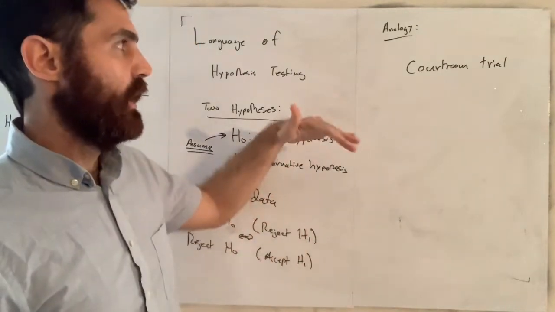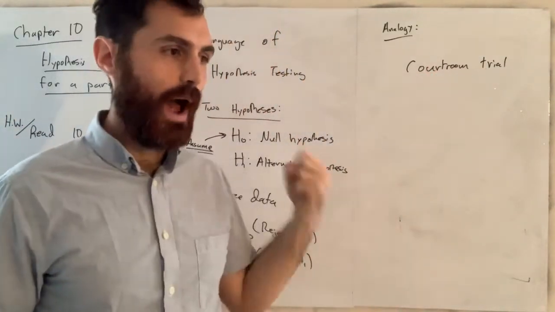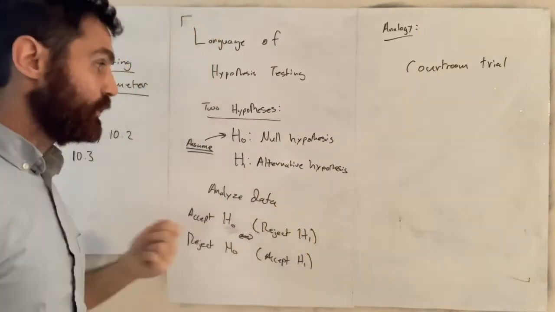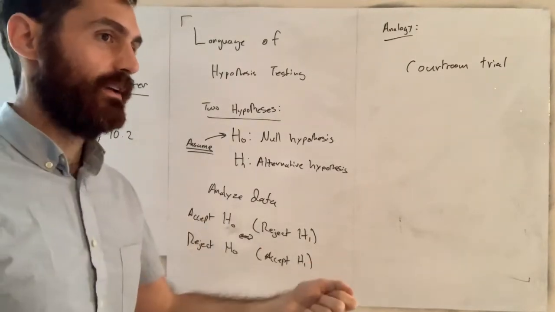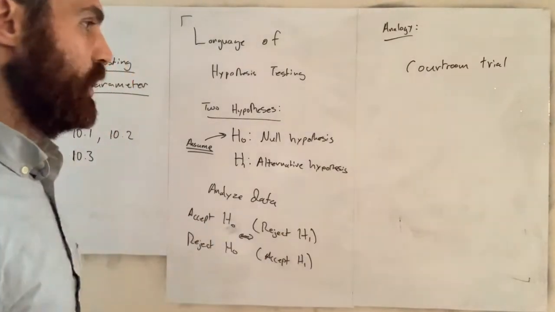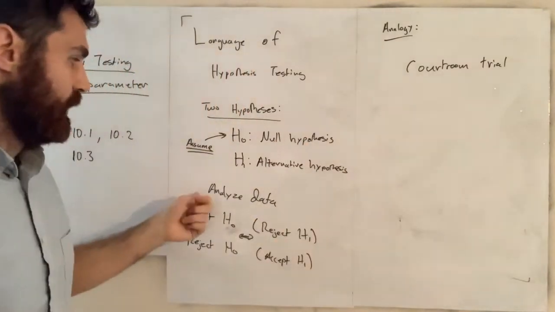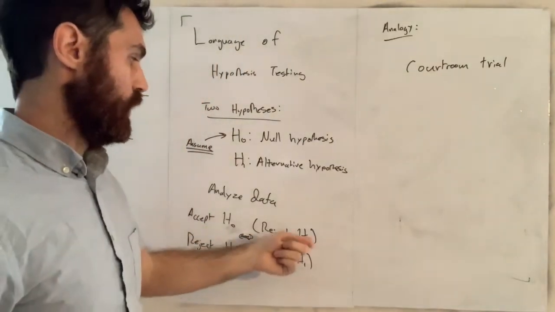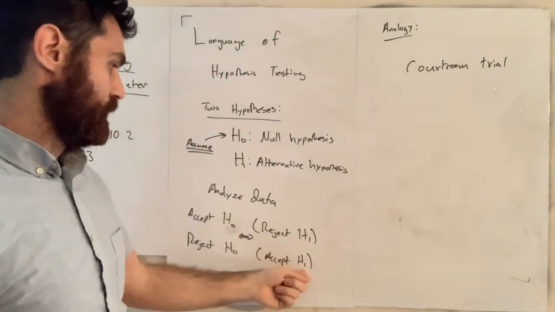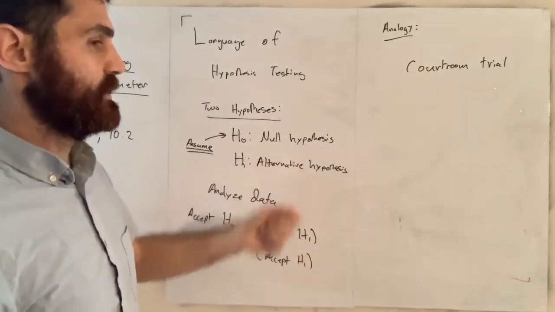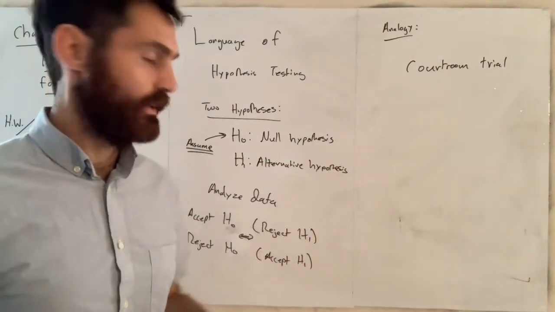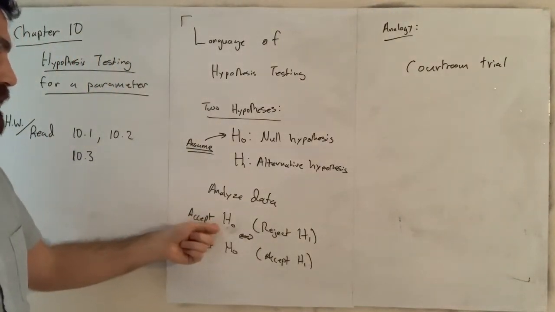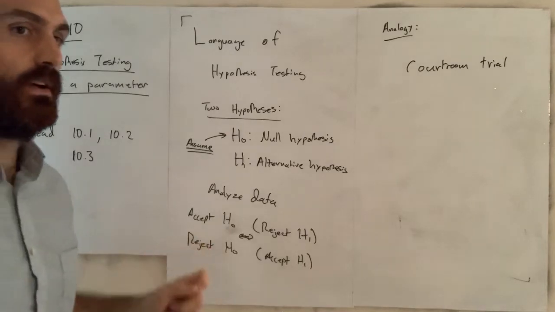That's the way the courts work, you have that assumption of innocence. And then the alternative hypothesis is, wait, this person is guilty. And so you go through the trial, that's your analysis of data, and then it's determined either you accept H1 or you reject it. So you accept that they're guilty or you reject that they're guilty. And that's the same thing as accepting their innocence or rejecting their innocence.